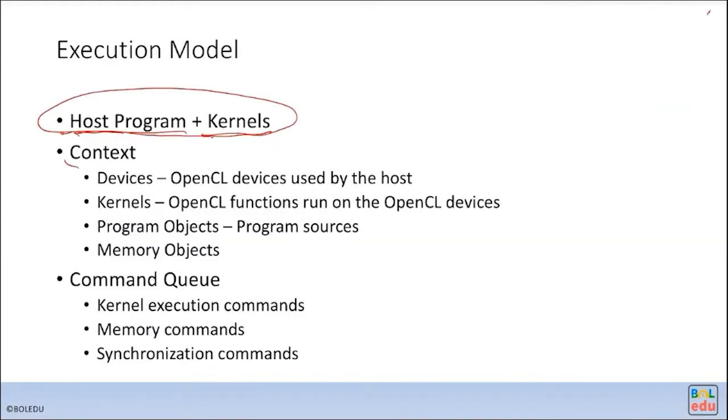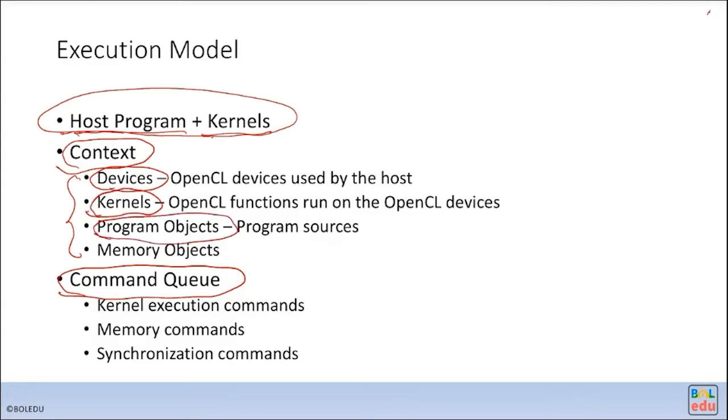And then there's a context. Here we have to remember these terms, because all the OpenCL code is tied to those terms I just introduced. First, the context. A context includes four components. One is the OpenCL device, and the kernel, and the program object.